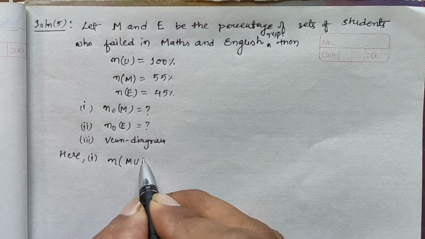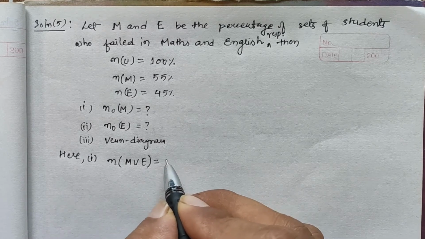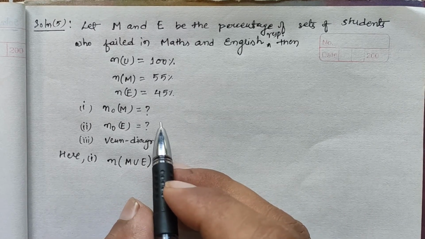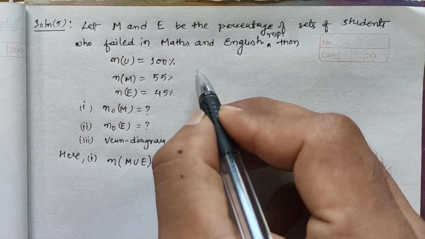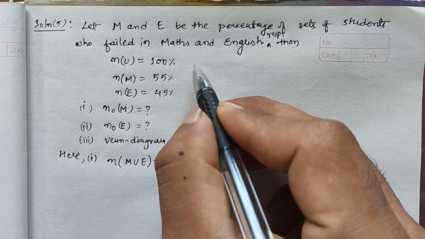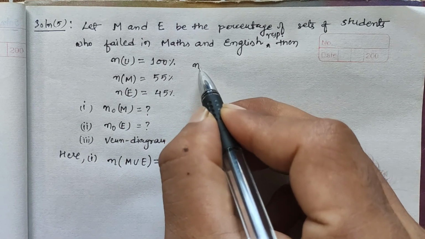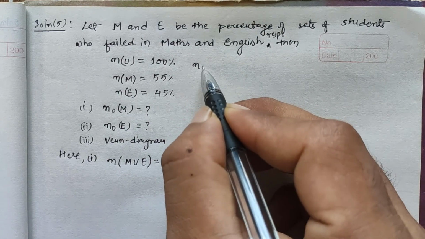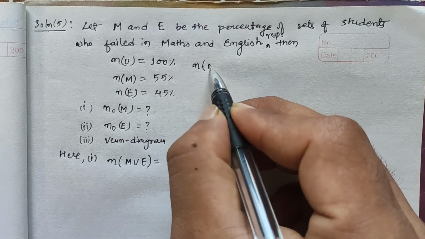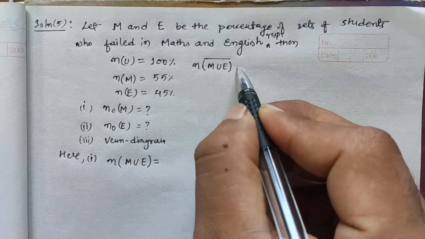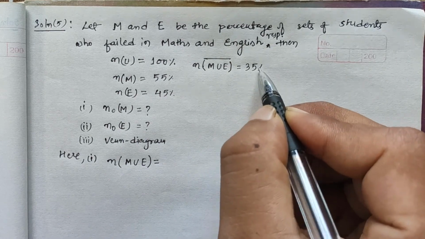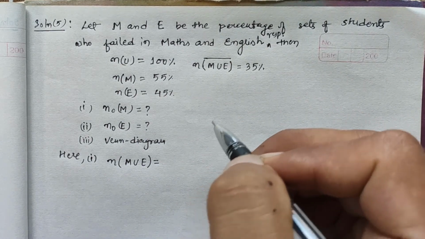M union E equals... I forgot to write the complement part, because 35% passed in both subjects, which means the complement is given, and M union E complement is 35%. Don't forget to write the given part.